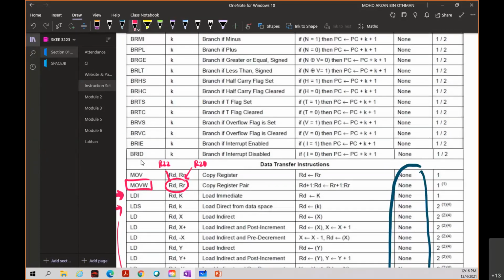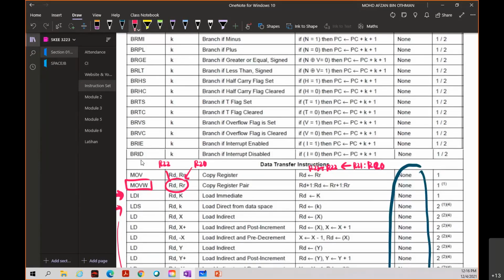If you put it into this operation, it means you're going to copy the values in R20, R21 to R22, R23. Did that answer your question?